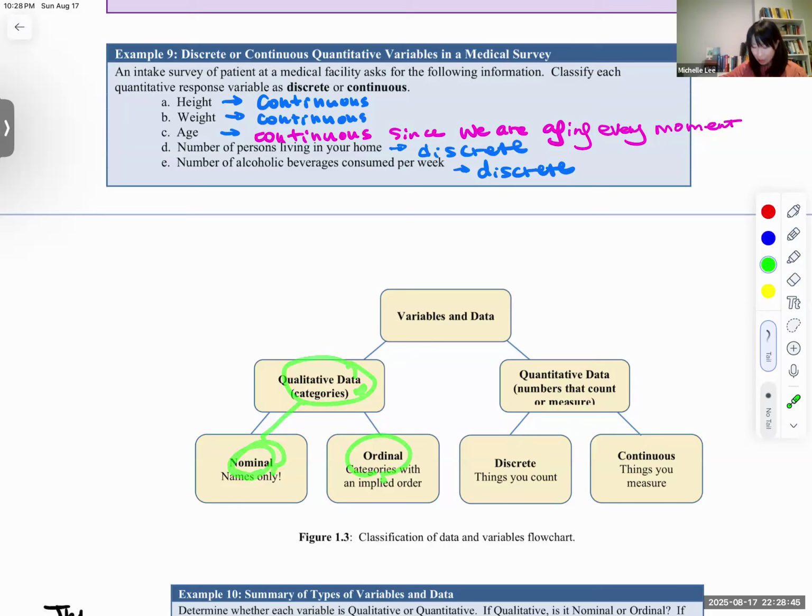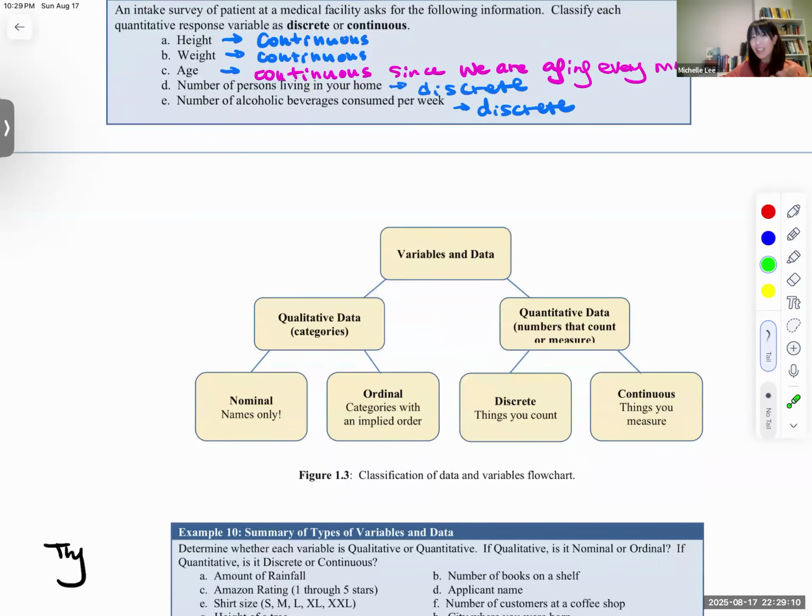Nominal, think about the name. Ordinal, think about the order, right? In the quantitative data, we have discrete and continuous. Discrete, think about count, so a whole number, starting at 0, 1, 2, 3. And continuous, we measure, so like a fraction or decimal. So let me write down whole number. This is a decimal.